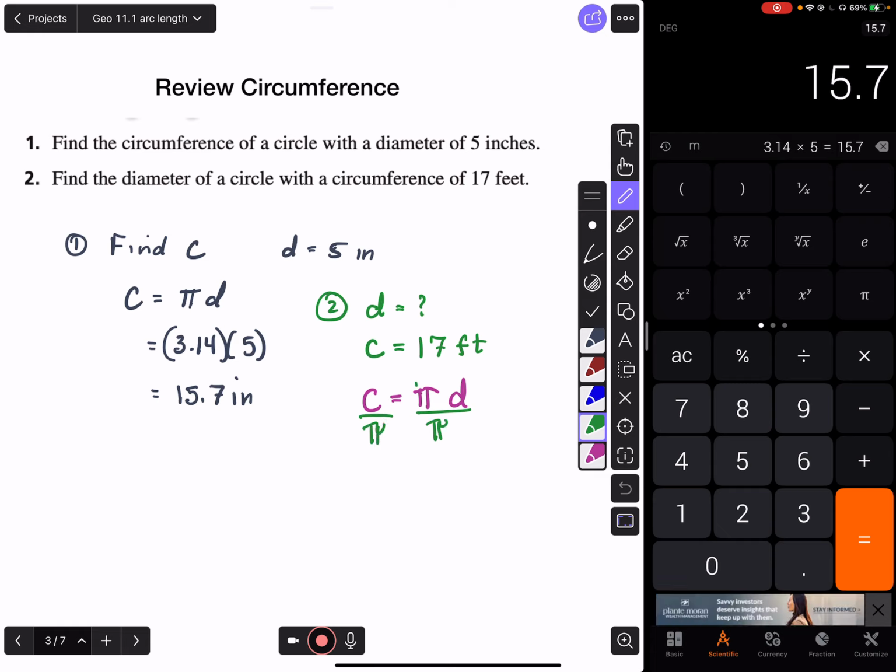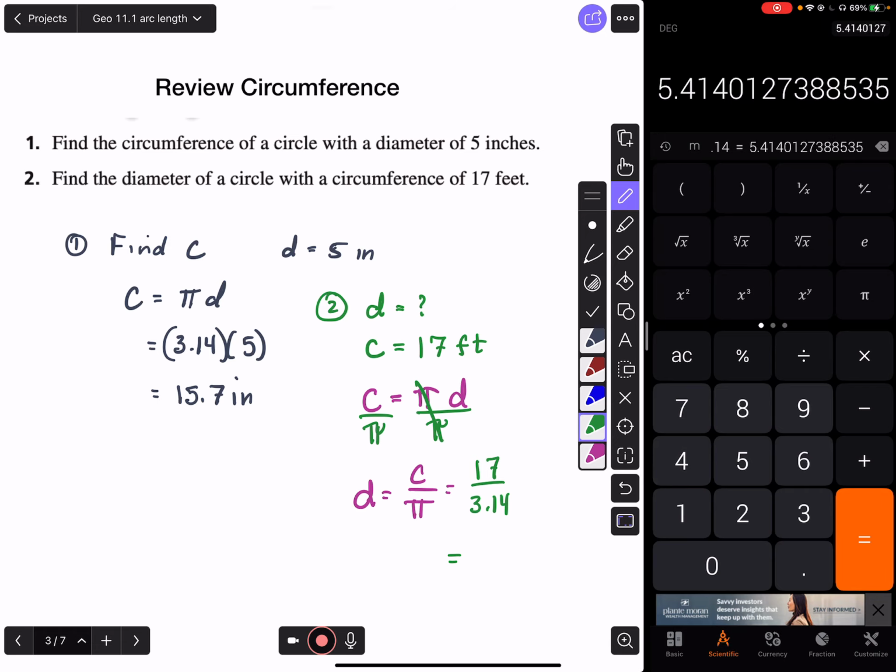And so d equals pi over pi is just 1, and d is equal to circumference over pi. So for us, circumference is 17 feet, and pi is 3.14. So 17 divided by 3.14. Diameter of about 5.41 feet.